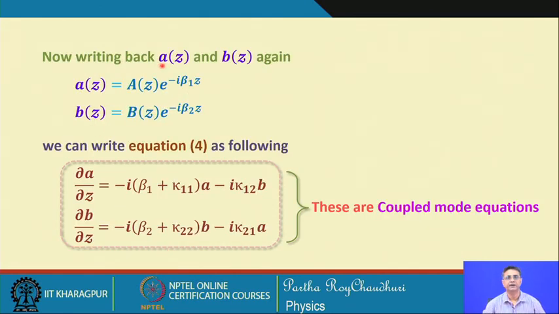Now, writing back A z equal to a e to the power of minus i beta 1 z, and B z equal to b e to the power of minus i beta 2 z, we can write the pair of equations in this form, and this is what we call the coupled mode equation. It tells you how the field amplitude of the waveguide A varies with z.